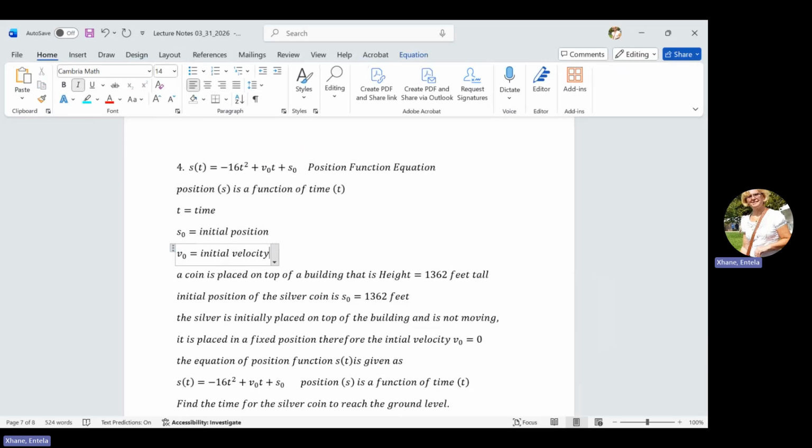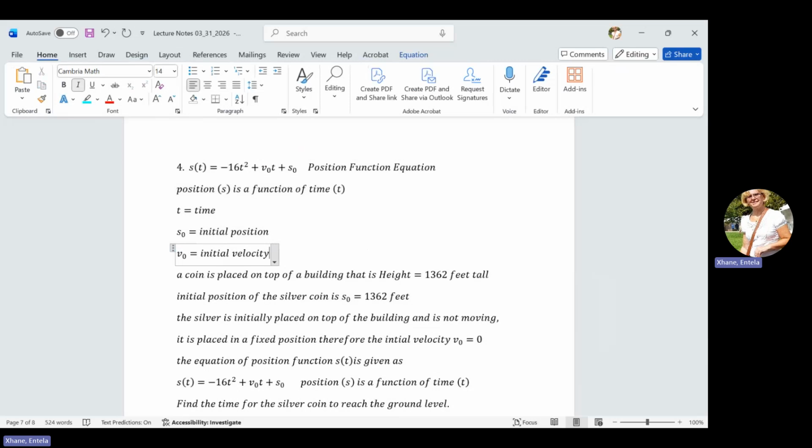So that means the initial position is 200 feet. That's S0. And then the swimmer is getting ready to dive, but is first jumping on the platform. So there's a velocity that goes along with that part. And then you have to pay attention to what the velocity is at impact, meaning what is the velocity when the swimmer jumps on the platform. That's going to be the initial velocity.